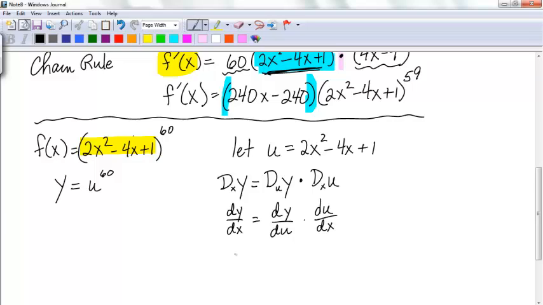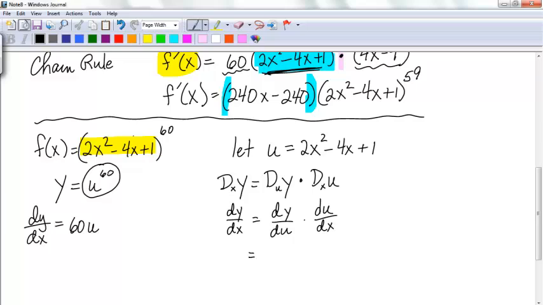Let's just do it over here. The derivative of y with respect to x equals, okay, what's the derivative of this? You take power rule, just take that 60 times the number in front, which would be 60.